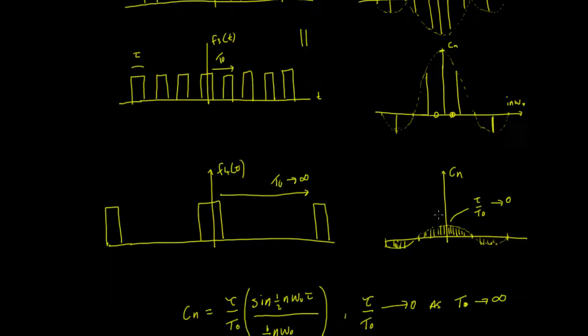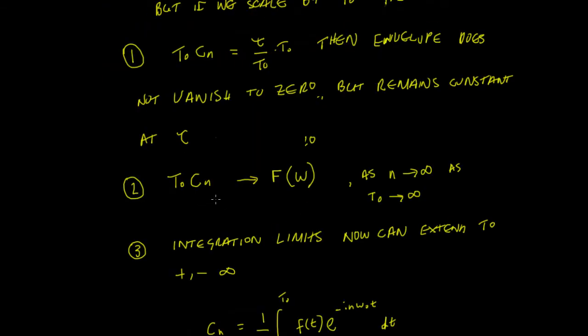So as n tends towards infinity, as T naught tends towards infinity, the number of components tends towards infinity, so we tend towards this envelope F of omega. We end up with a function there.